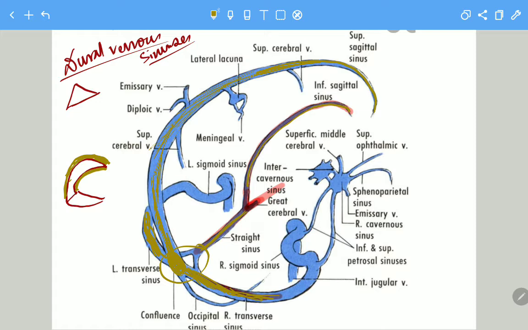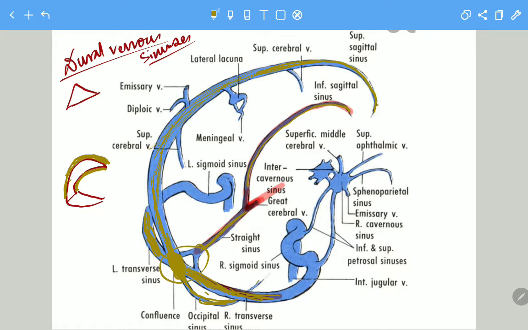Now this confluence of sinuses is also joined by the occipital sinus, which comes from below. So the confluence of sinuses is formed by the superior sagittal sinus, the straight sinus, and the occipital sinus, and then they are divided into two branches.